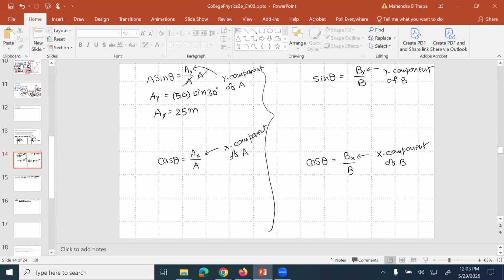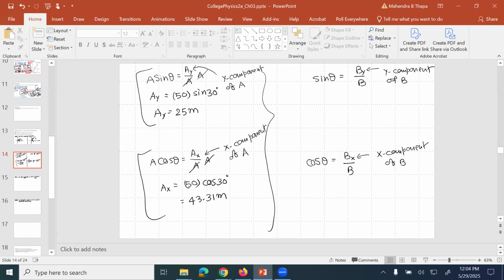Similarly, cosine theta equals AX over A. Again, I multiply both sides by A, so the A cancels out. So AX equals 50 times cosine 30 degrees, which gives me 43.31 meters. So I found the x component and y component.